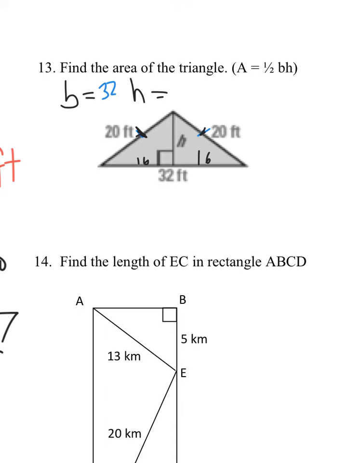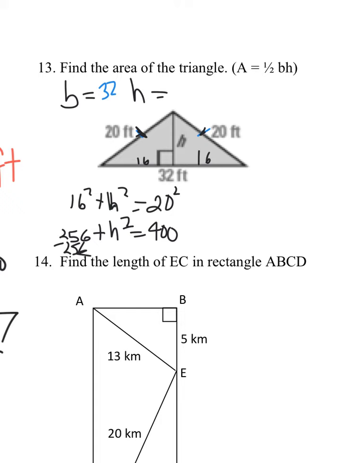So to find height, again, you can do another Pythagorean theorem. 16 squared plus 8 squared equals 20 squared. So that's 256 plus 8 squared equals 400. Subtract the 256, 8 squared equals 144, and you get 12.